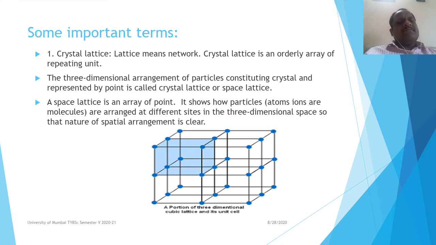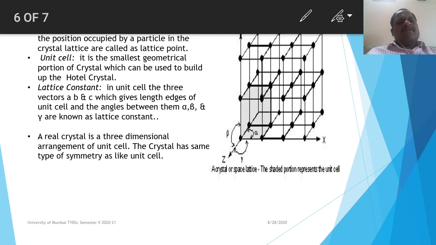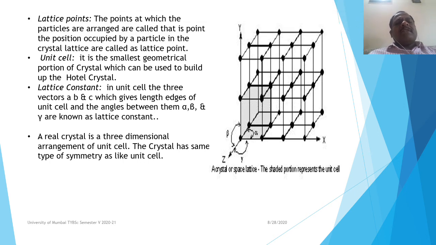Now the next term that you have to understand is the lattice point. As I said, the position occupied by a particle in a crystal lattice is called a lattice point.